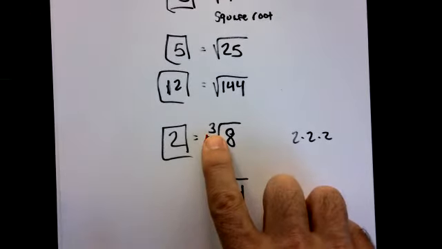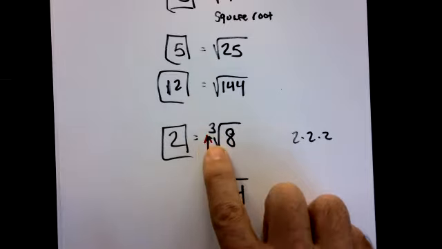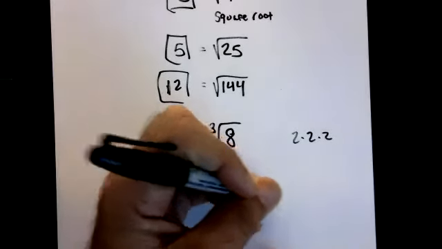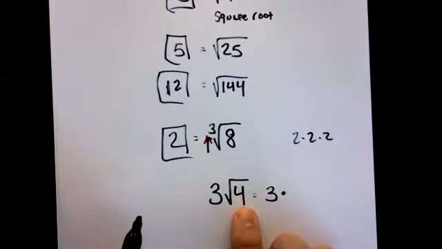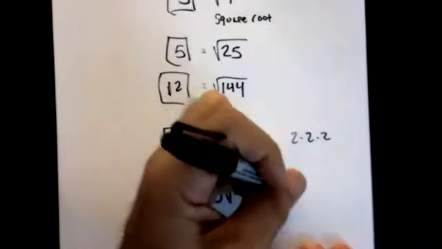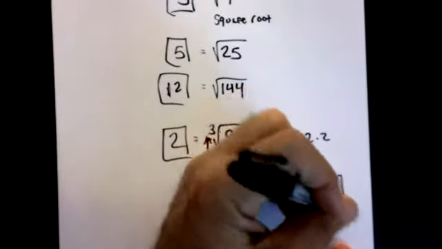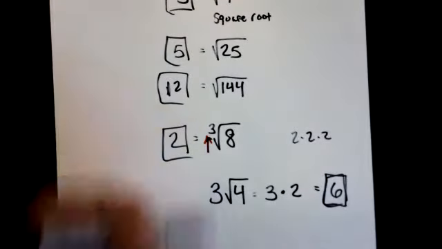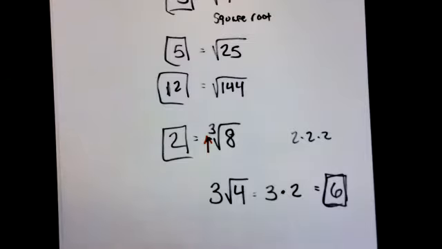Exponents are smaller and up above, and your index is a smaller number above the square root part right here. Whereas if they write it out in front, this means 3 times the square root of 4, which is 2. So that would ultimately be 6. So anyway, don't confuse an index number with a multiplier.